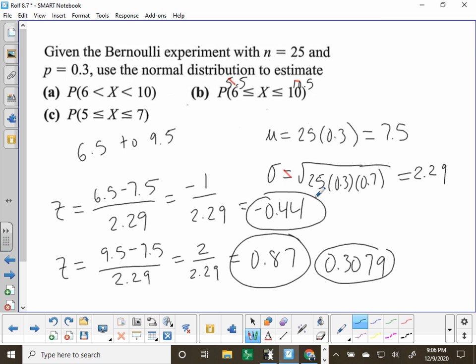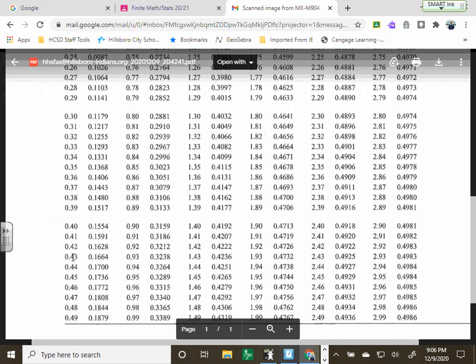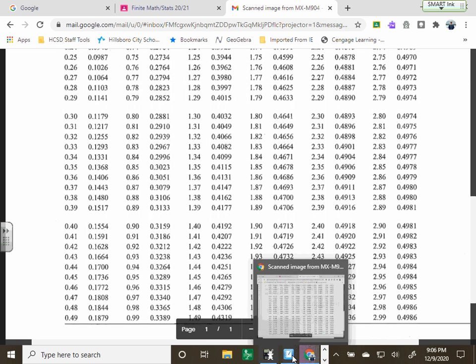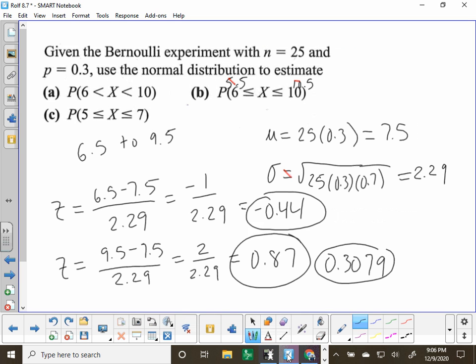And then there's this one here, 44, and 44 is right there, 0.17. Okay, so that's the probability there.